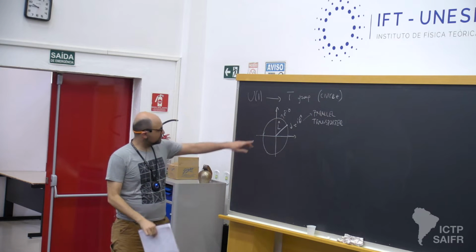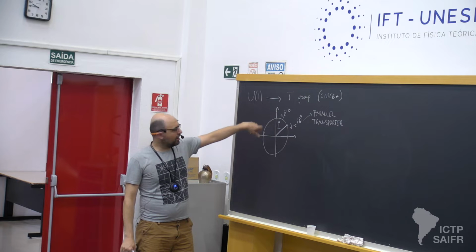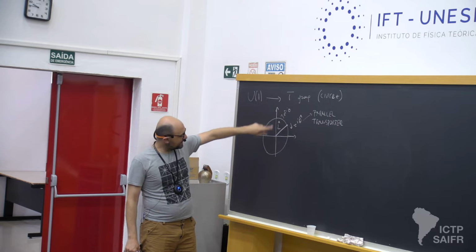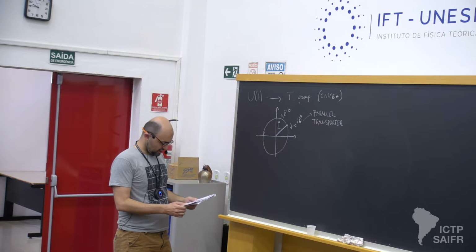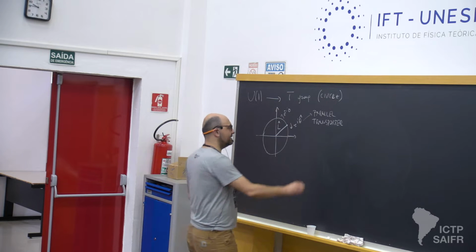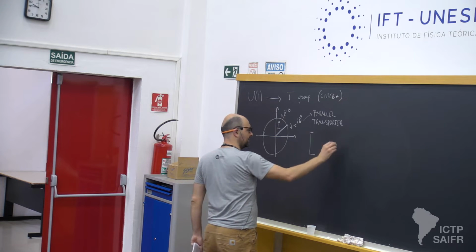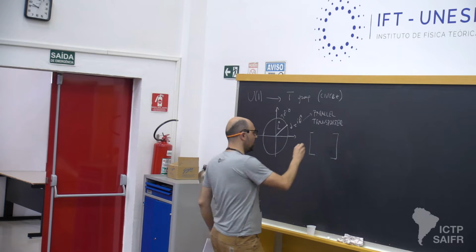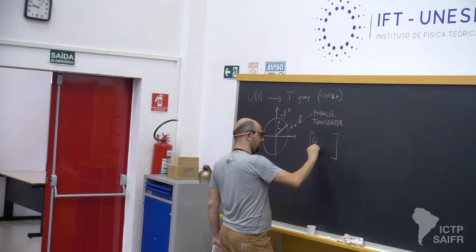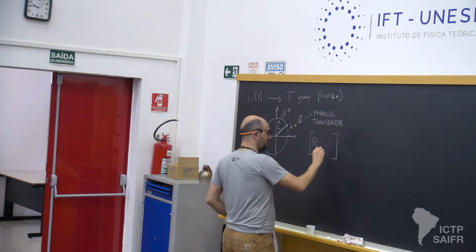Sometimes it's useful to imagine that on each bond there is a particle that really spans the configuration space of the gauge field. Okay? And the idea is that these 2 operators are not generic operators, they have to satisfy specific commutation relations. And the commutation relations that one imposes are the following.